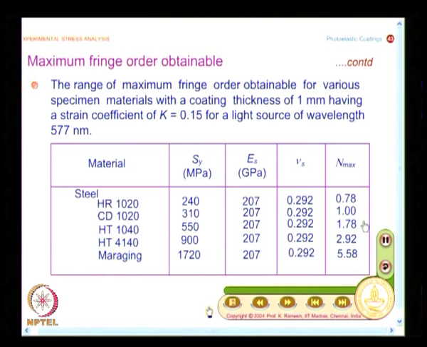So, the message here is, when you go for photoelastic coating analysis, the specimen material indirectly influences the maximum fringe order that I can anticipate to observe in a test. This also gives the knowledge that usually the fringe orders you can perceive are smaller, and that is the reason why you want to go for white light for illumination.